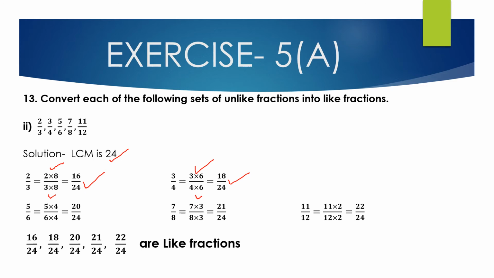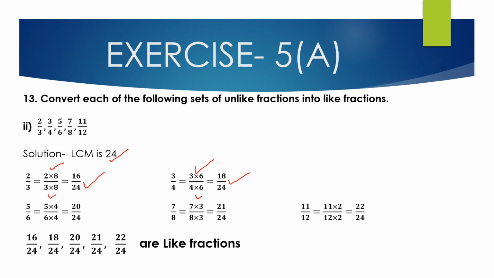Now 5 divided by 6. We have to convert this unlike fraction into a like fraction by making the denominator 6 equal to the LCM, that is 24, by multiplying the numerator and denominator by 4. As we know, 6 multiplied with 4 is 24.